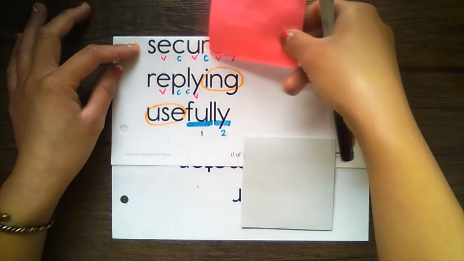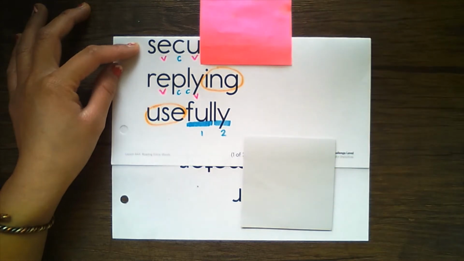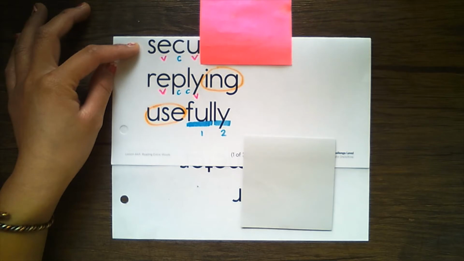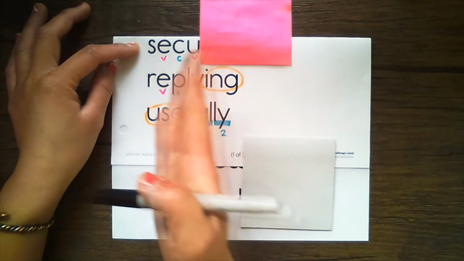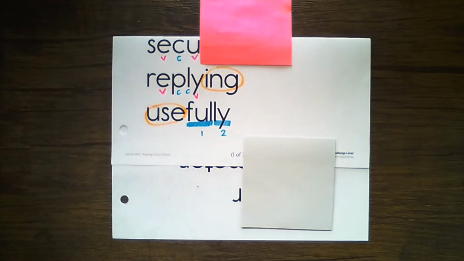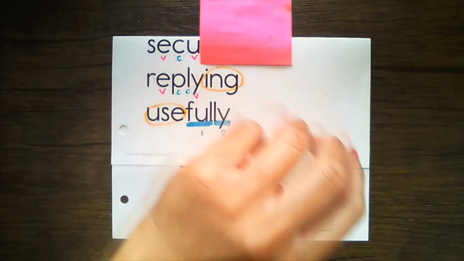Now let's work chunk by chunk. How many consonants in between our 2 vowels here? 1 consonant. Split where? Well, remember, with a VCV pattern, we can be very flexible. We can split it either before or after the consonant, depending on what sounds familiar and what sounds like a real word, okay? Or a real syllable.